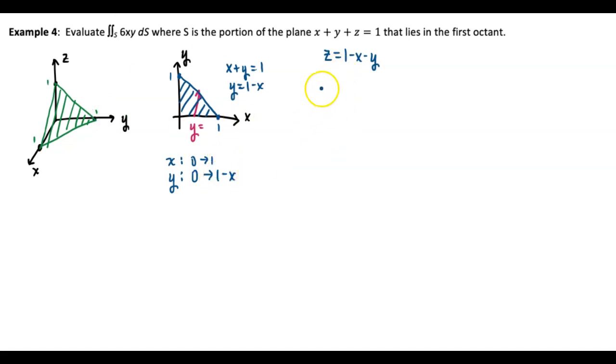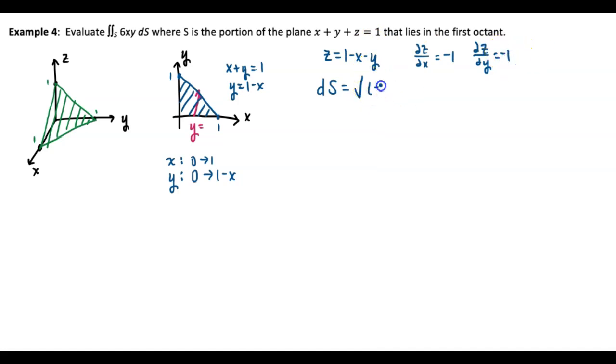The only other thing I need to do is find this dS, which is the square root of the partial derivative of z with respect to x squared. Well, that's just going to be a -1. The partial derivative of z with respect to y is also going to be a -1.